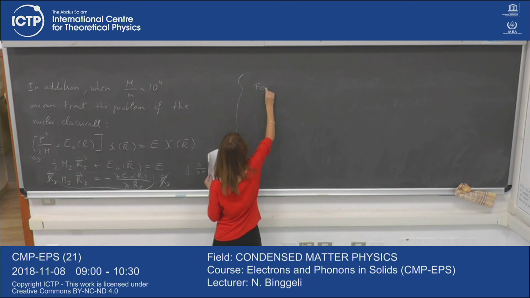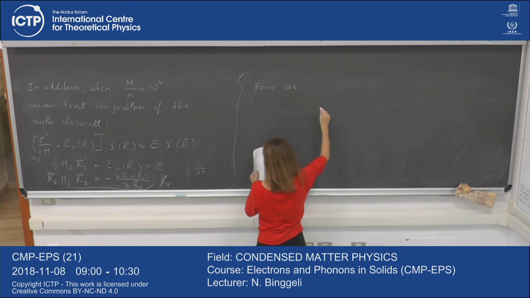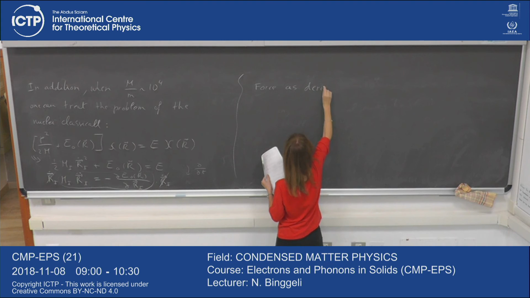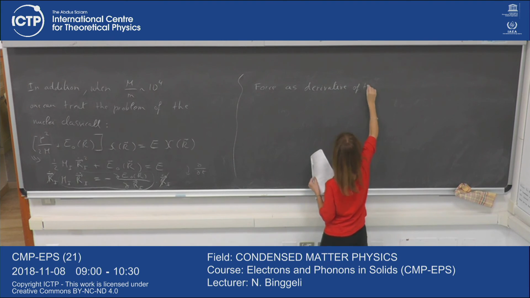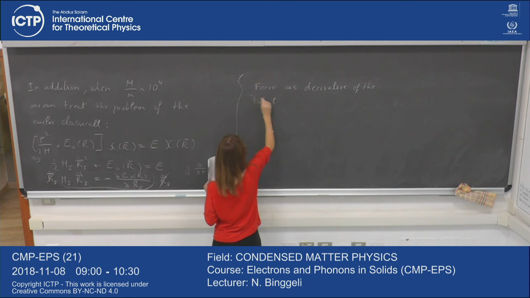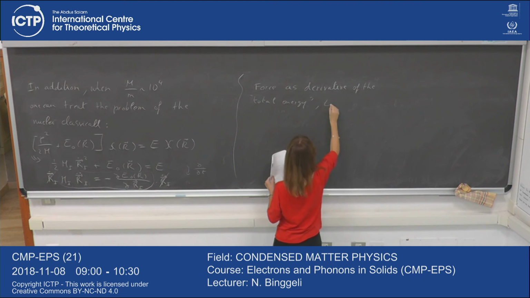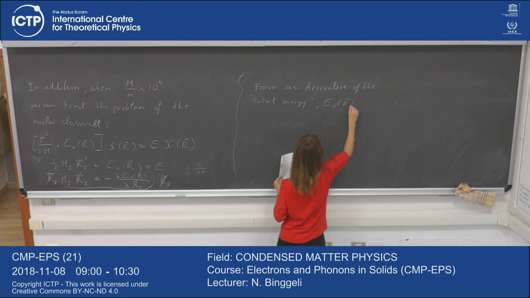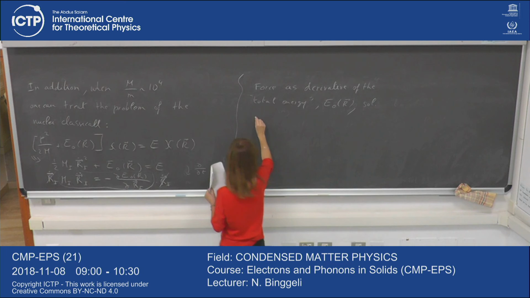So the force that enters the equation for the dynamics of the ion is obtained as the derivative of the total energy E0, where this E0 is the solution of the electronic problem.